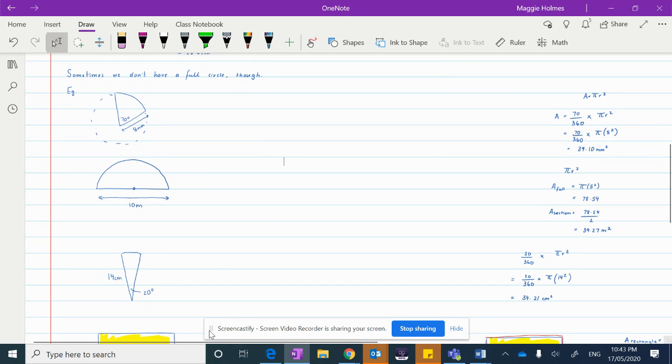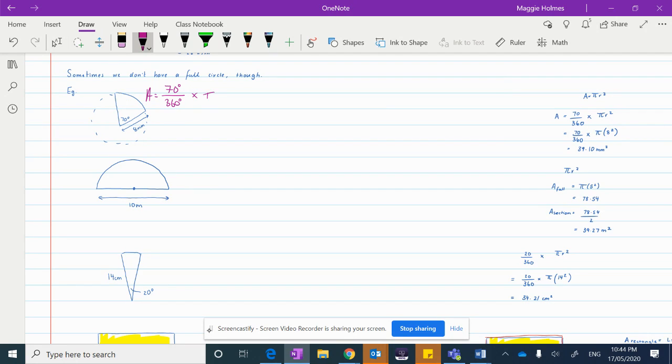So basically, we're going to say what fraction of the circle do we have? Well, the whole circle would have 360 degrees. So if we had the whole thing, we'd have 360 out of 360, which would be 1. In this case, we don't have that. We only have 70 out of 360. So that's the fraction of the circle that we have. So our area is going to be equal to this fraction of whatever the area of the big circle would be.